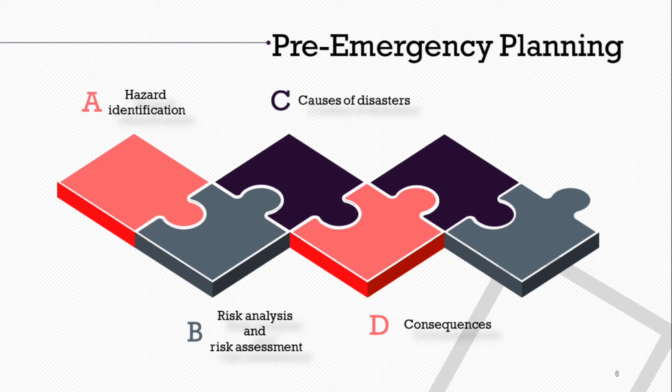The third portion is cause of disaster, like the reason this disaster took place. And the last is the consequences, like what things got affected because of this disaster or hazard, so that in future we can plan on what should be done to overcome it.